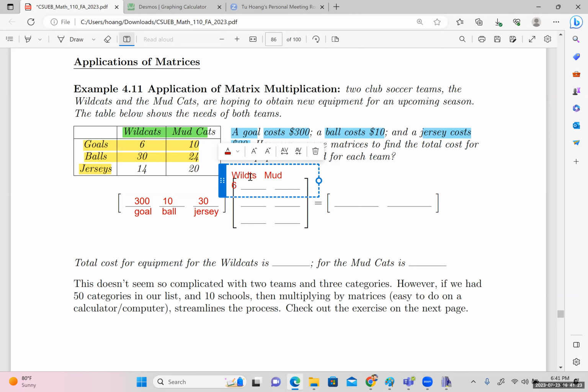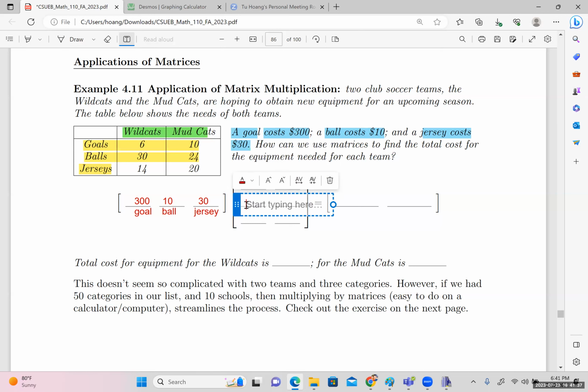Maybe Wheelcast and Mudcast only, like this. Okay, so we have 6, we have 10. The next one will be 30, 24. The last one will be 14 and 20.